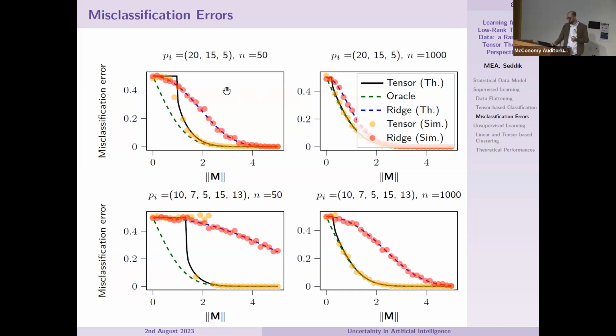And in both columns, if we increase the number of samples, then the flattening gets closer to the tensor, to the optimal classification. In other words, if we have a limited number of samples, then taking into account this tensor structure will give us better accuracy.